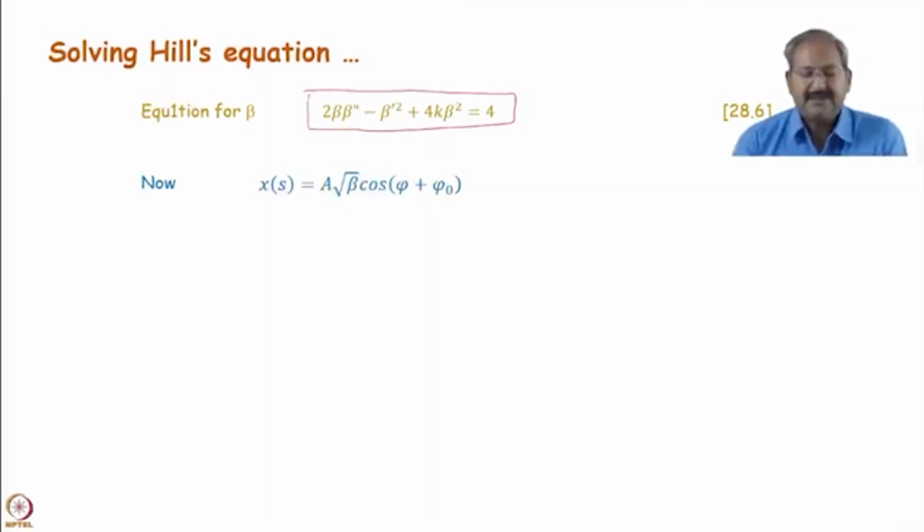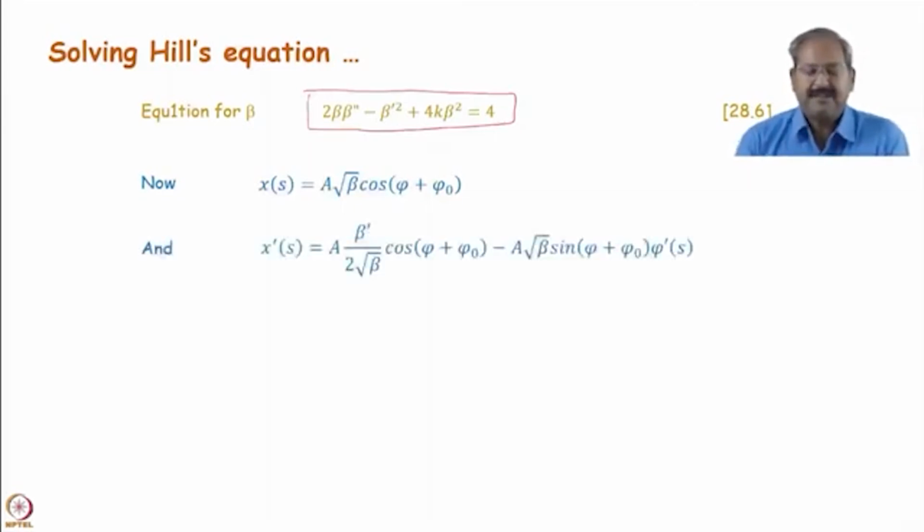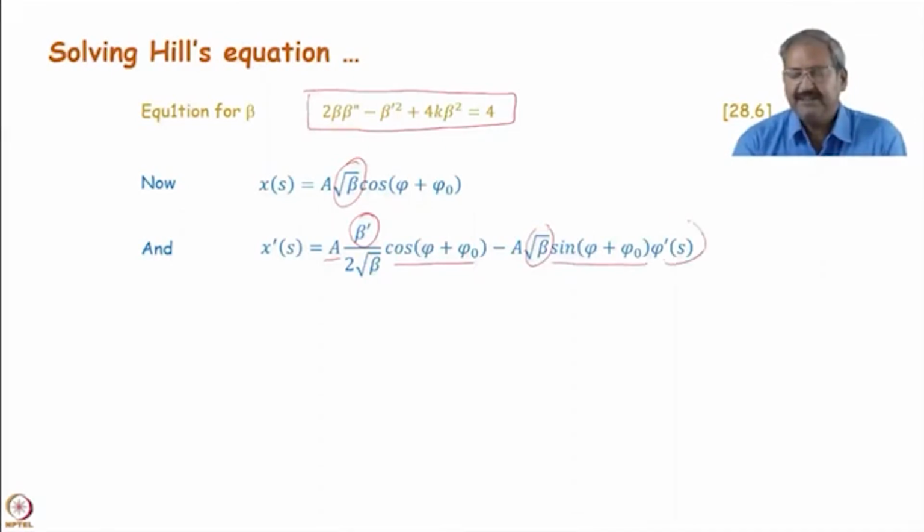Now, because our solution is a root beta cos of phi plus phi naught, we can calculate x prime also very easily. Here you can see the amplitude part beta has s dependence. So when we differentiate with s, beta has to be differentiated. So this is 1 upon 2 root beta, the differentiation of root beta, and d beta by ds is there, cos as it is, and then root beta as it is and cos differentiated, minus sin of phi plus phi naught, and then d phi by ds.